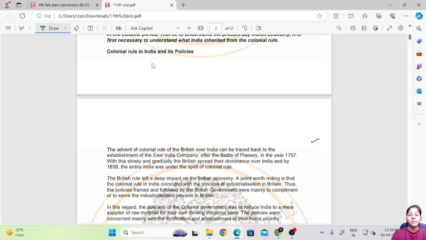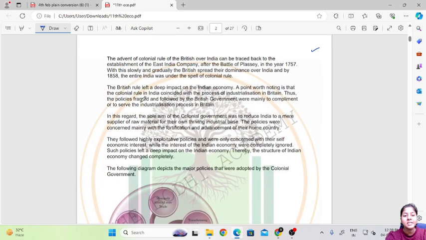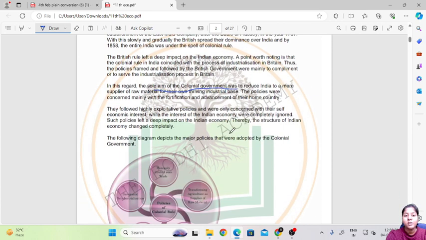A point worth noting is that the colonial rule in India coincided with the process of industrialization in Britain. The sole aim of the colonial government was to reduce India to a mere supplier of raw material for their own thriving industrial base. The policies were concerned mainly with the fortification and advancement of their home country.